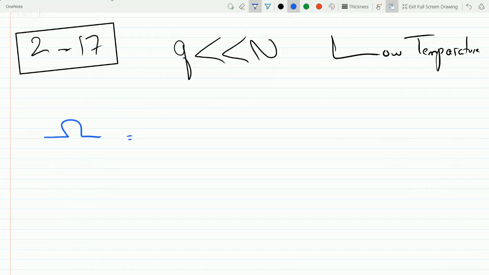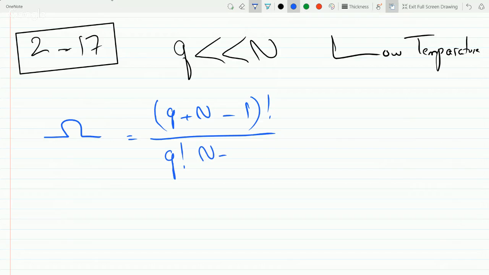It's (q + N - 1)! over q! (N - 1)!. True? That's the formula for the multiplicity.